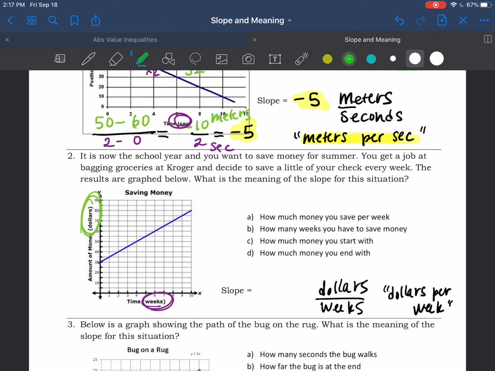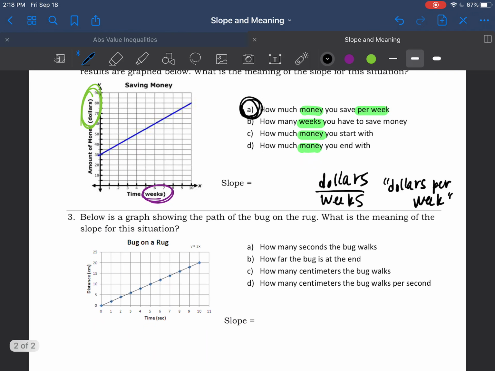Let's look at our choices for meaning. How much money per week? Weeks, money, money. Okay, so you're always looking for that per week, something that tells me it's a rate. And so A would be our answer here.